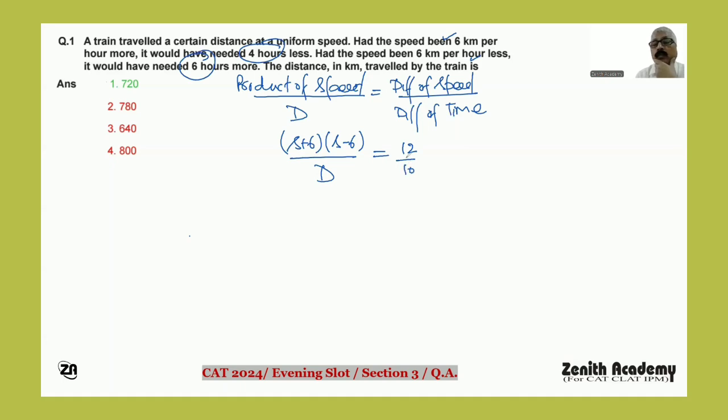So 6 by 5 means s square minus 36 is equal to 6 by 5 of d.